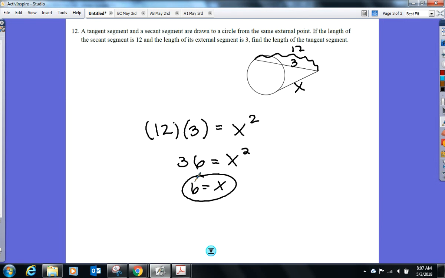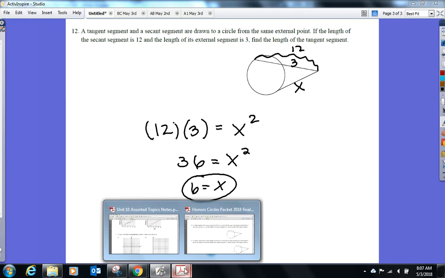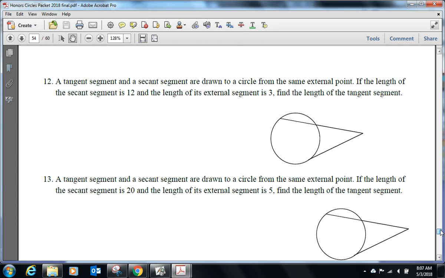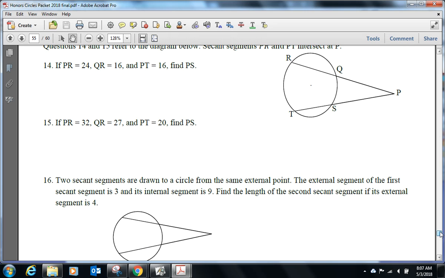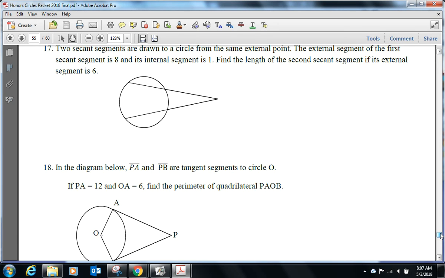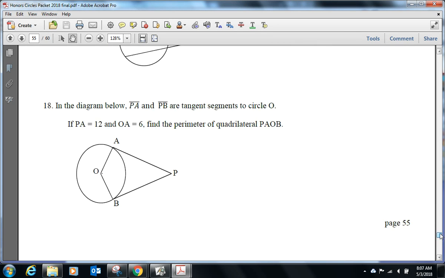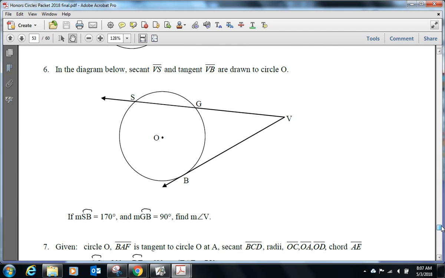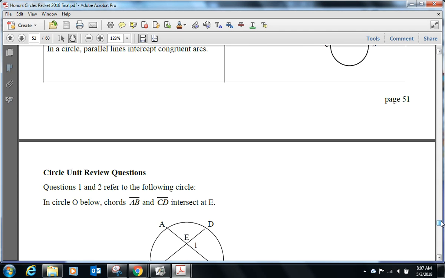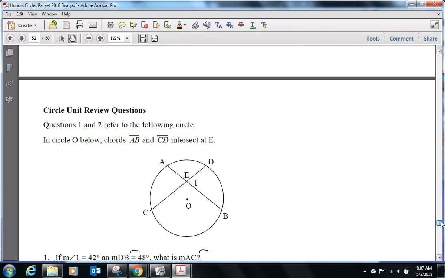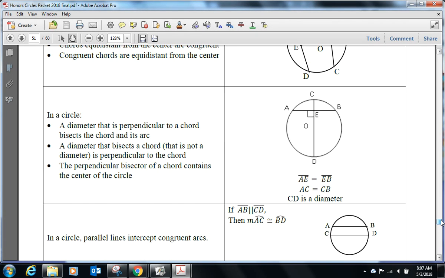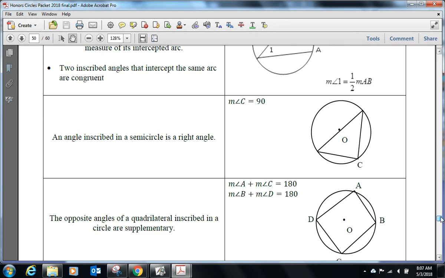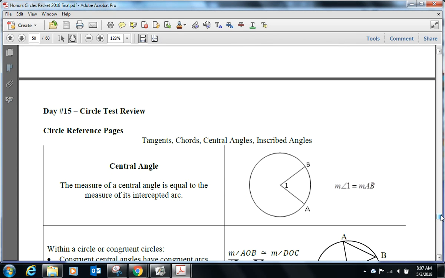All right, that's tangents and secants. Let me find a chord one. I don't know if I put one on here. I don't know if I put chords on here or not. And also, if you look on pages 50 and 51, I put all the theorems we've gone over.